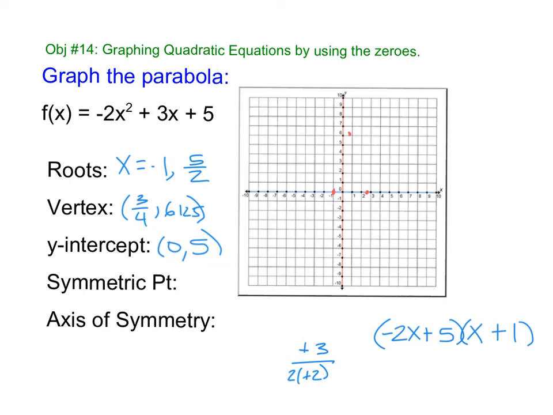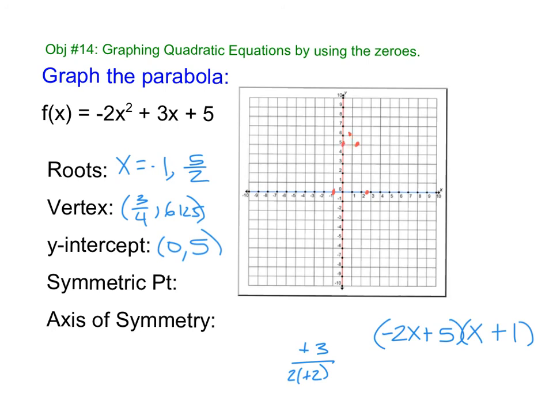My y-intercept is 5. So now remember, if I reflect 5 over 3 over 4, that becomes 1 1/2, right? So we want the distance between those two points, this point and this point. We want half of their distance to be the vertex, right?